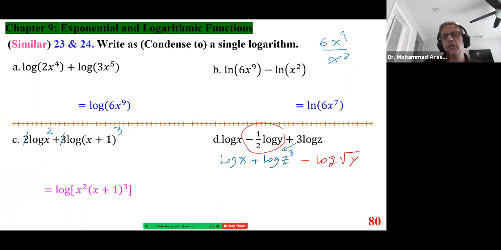The reason I'm putting these two together is because plus means just multiply these two. So this gives you log of x z cubed. And this goes underneath. So I hope you can go from here to here.